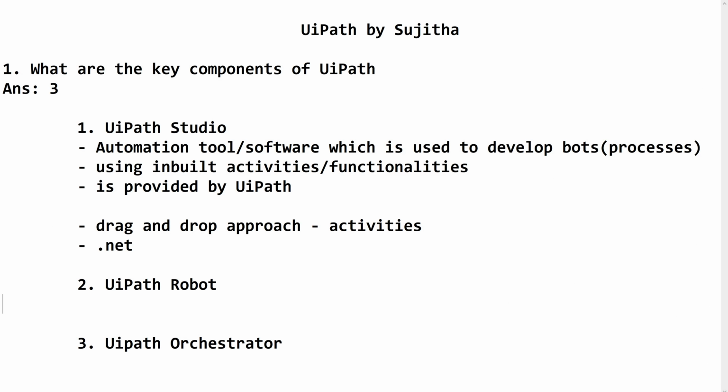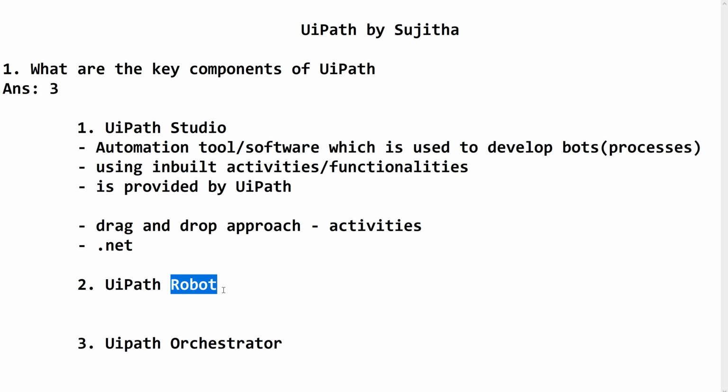UiPath Robo. What is a UiPath Robo? It says Robo, right? What is this? A robo will perform some actions on behalf of a human being. So it's a simple terminology.